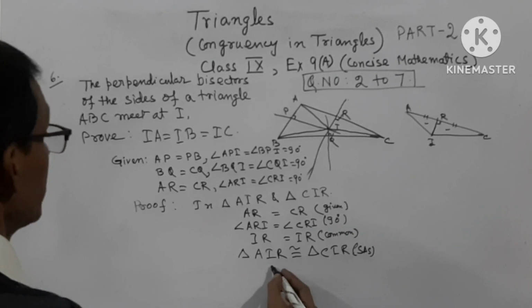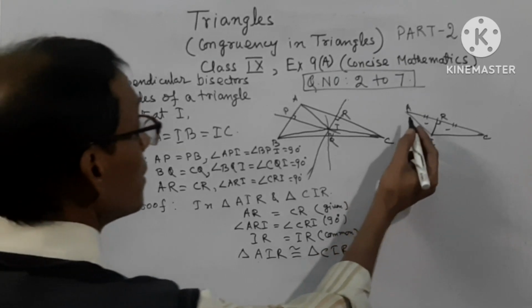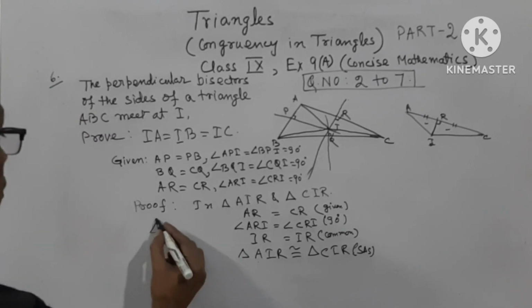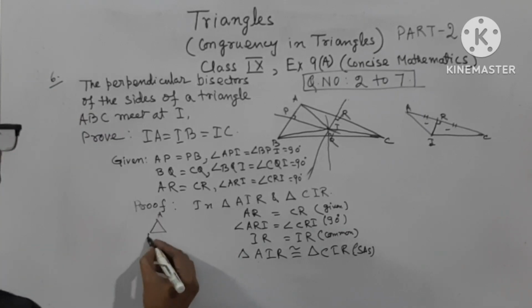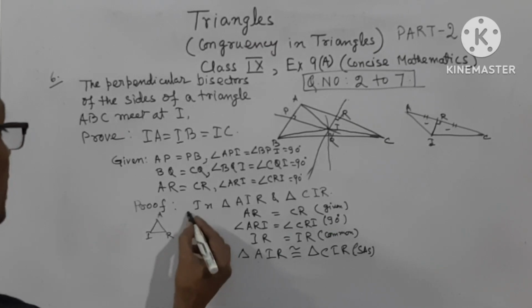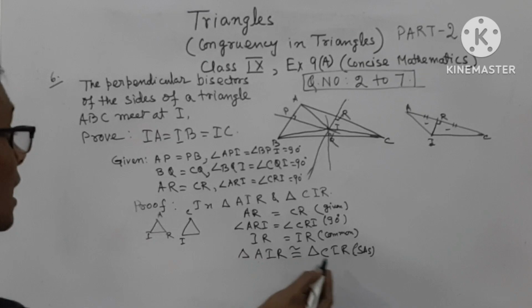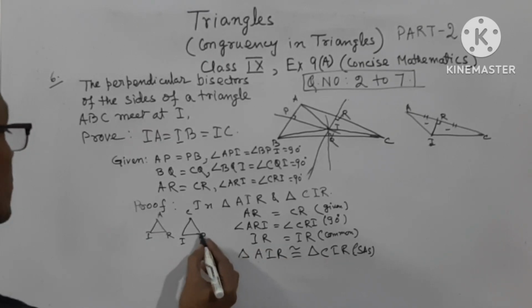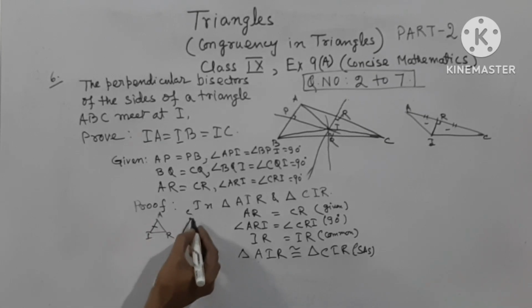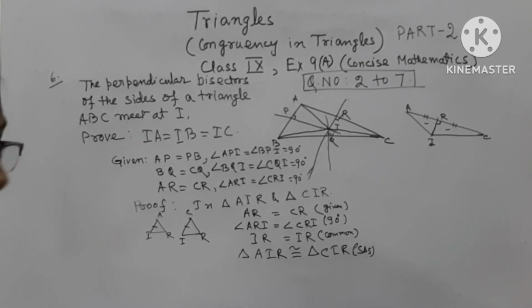So we can write, let's draw AIR and CIR. Can I say IA and IC are corresponding?